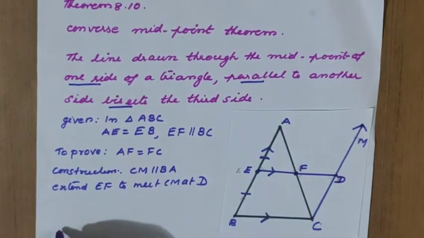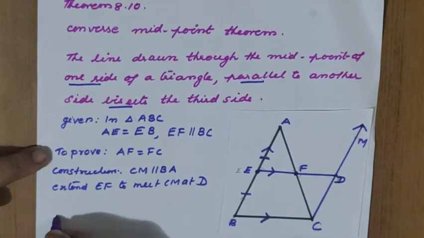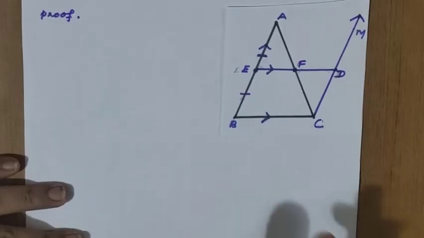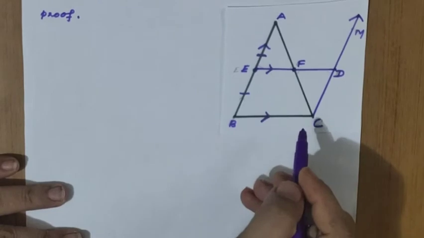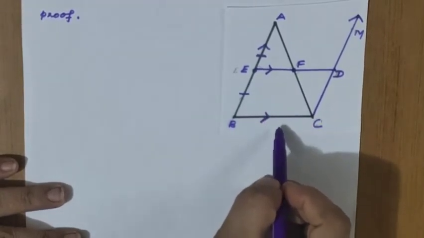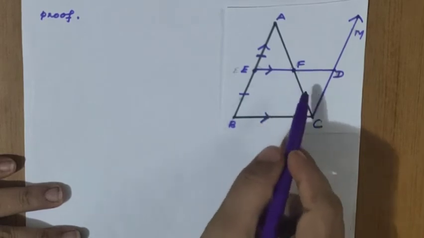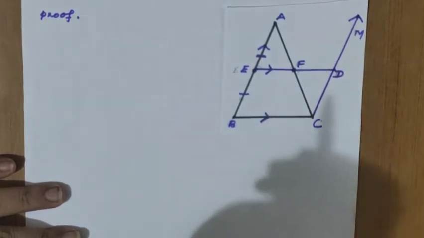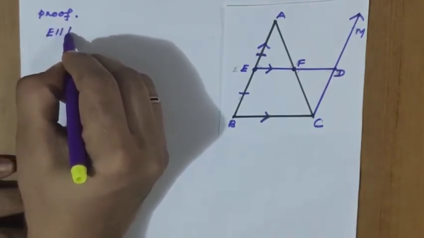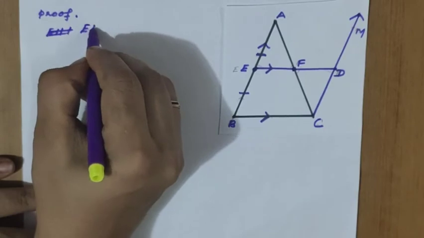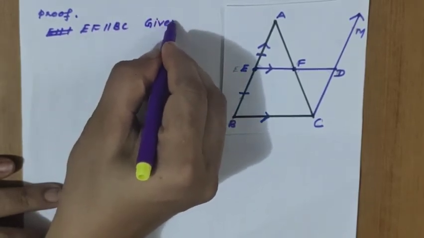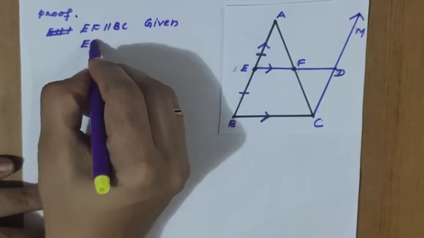So now we can go for the proof. Now you see the steps. Already EF is parallel to BC, right? EF is extended, that means ED is parallel to BC also. So I'll write here EF parallel to BC given, and we have extended by construction.